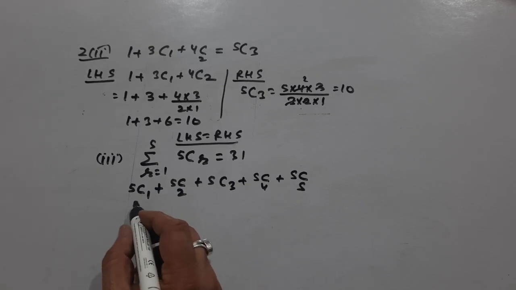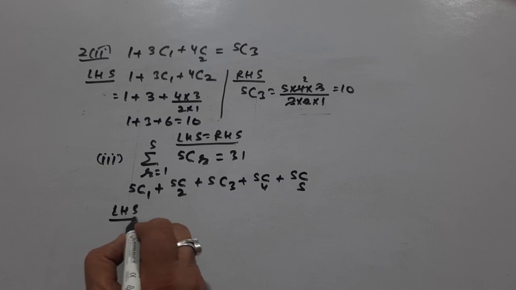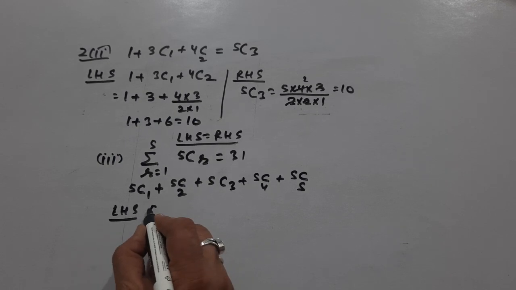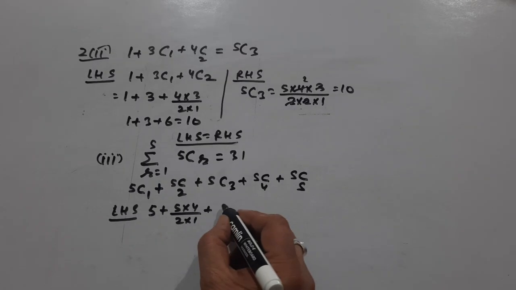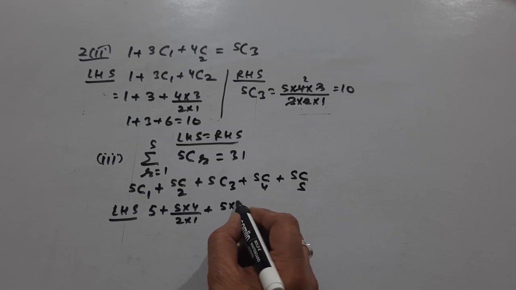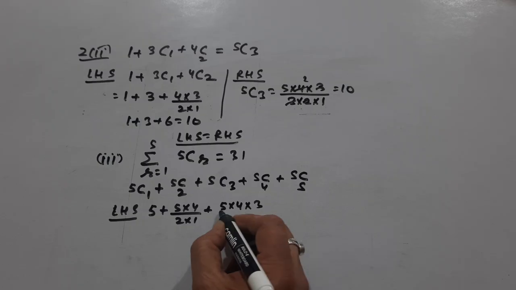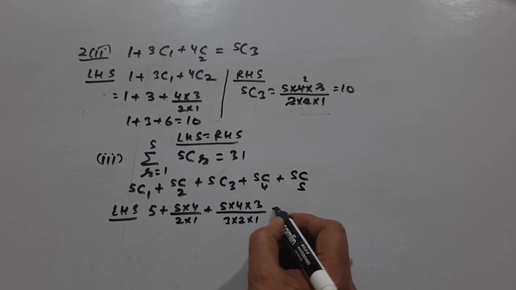So students, let us solve. Take left side. 5C1 is 5. 5C2 is 5 into 4 upon 2 into 1. Then 5C3 is 5 into 4 into 3, write 3 terms and write 3 into 2 into 1.